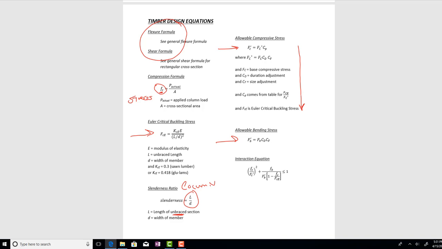Of course, we had to use the Euler buckling equation right here, and then the F sub C star equation right there. Take the ratio of those, and we jump over to a table, pull a factor to get our column stability factor, and then we plugged that back in up here.